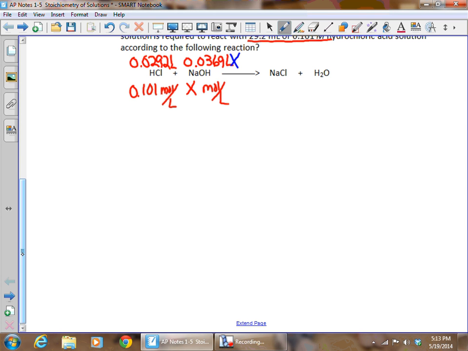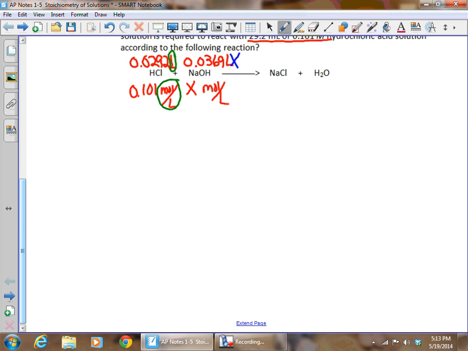Another rule you might want to jot down, and it's a rule we use when we're doing the titration problems, is that you always want to start with the simplest unit given, or the simplest unit for the value given for our known in this case. And the simplest unit is going to be our liters unit. We've got liters of HCl.